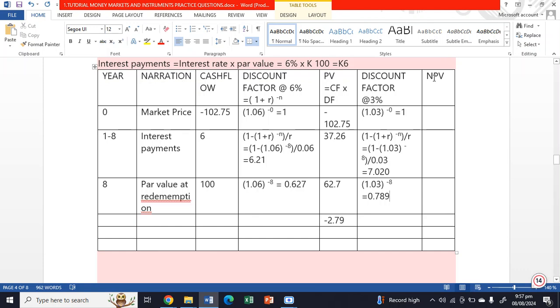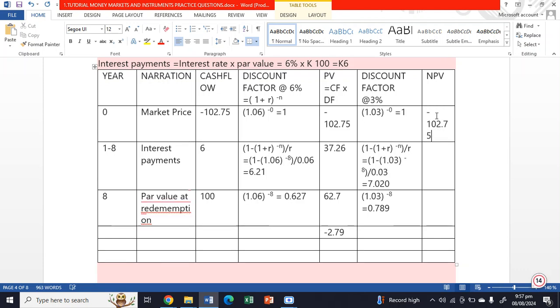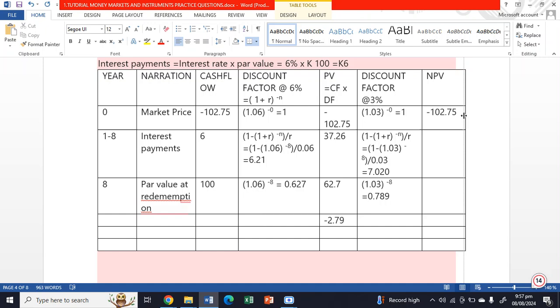We're multiplying the cash flows with these discount factors. So you say negative 102.75 multiplied by 1, negative 102.75. 6 times 7.02.